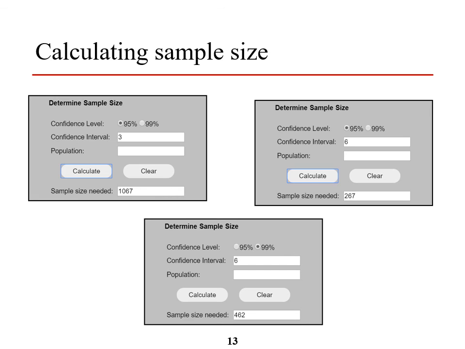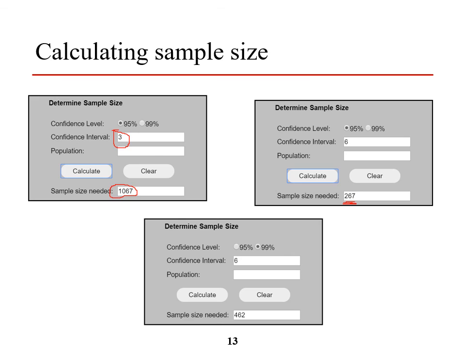I've included some different scenarios, put the calculator at the 95% confidence level, done a 3% confidence interval, and shown you that the sample size needed here is 1067, but if you doubled your confidence interval to 6% here, then your sample size would almost be cut by 3/4. All you would need is 267 in that case.